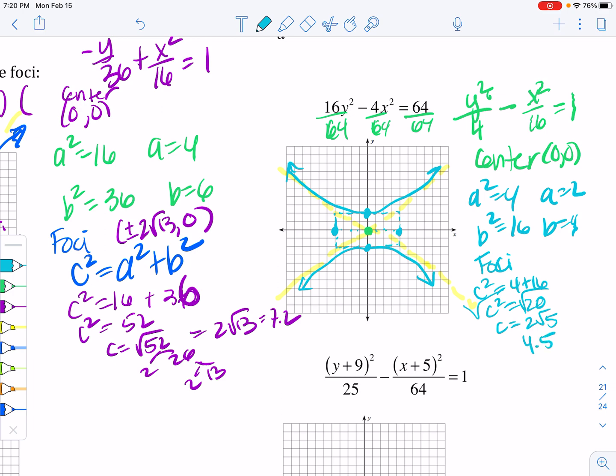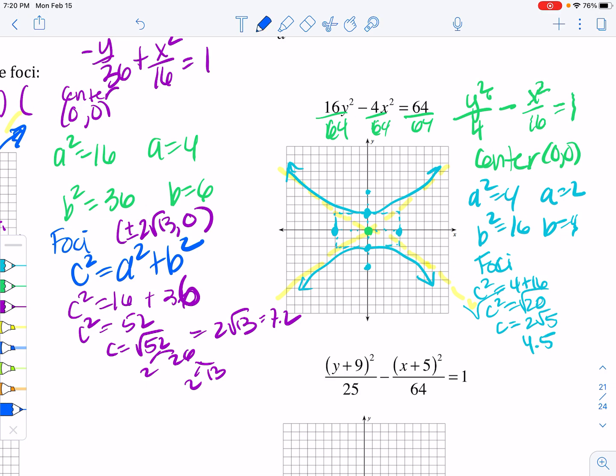So 1, 2, 3, 4.5. Oops, I went the wrong direction. So your foci are inside of your hyperbolas. Right? I had originally gone this direction, which is not correct.